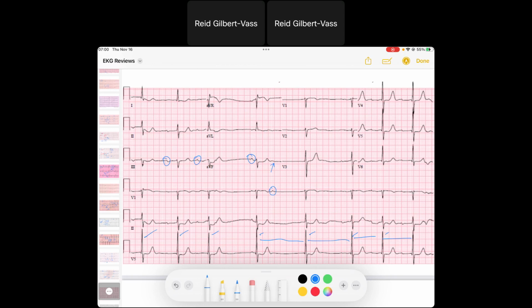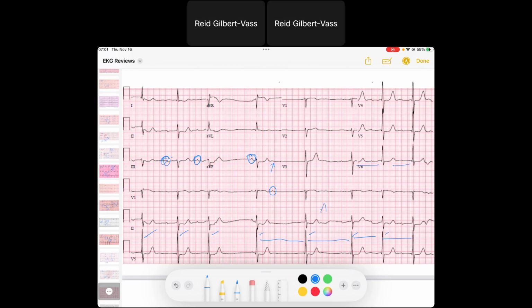They're narrow QRSs, and that's okay, so we know the conduction is going down the AV node. This is one of those EKGs where you could say, yeah, maybe this is AFib. It's an irregular rhythm. I don't see good atrial activity. You could say that maybe there is atrial activity but there's variable conduction through the AV node, but I would say that's not really the case.